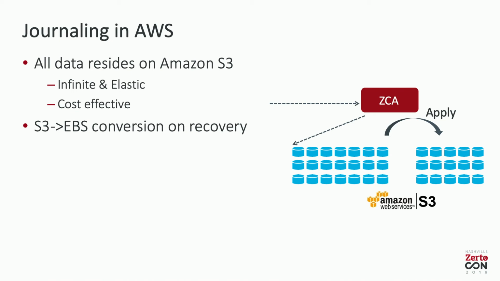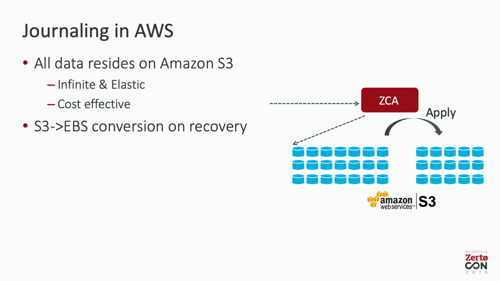For the recovery disk, and now I have to put in quotes "recovery disk" because this is nothing like a disk, we take what we refer to as a logical recovery disk and split it up into smaller chunks, and each one of them is an object. Every time we apply, we replace the relevant objects.